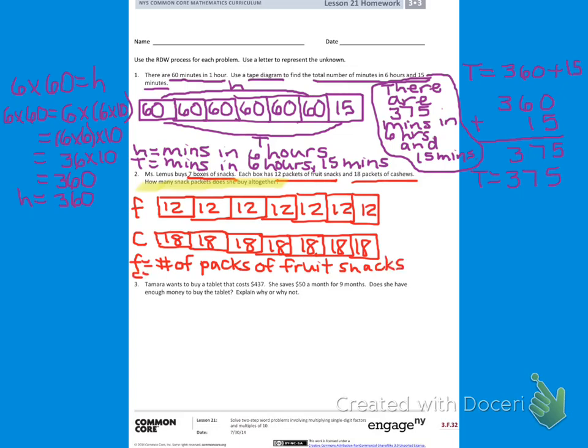C will equal the number of packs of cashews. Cashews are a kind of nut.